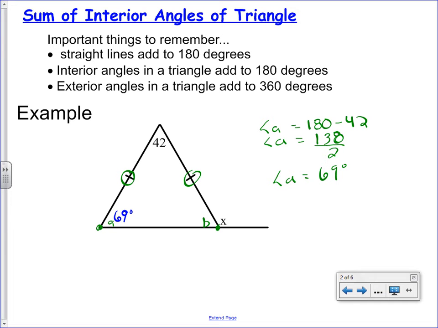Because I used my ASTT, that's a triangle, using my triangle theorem. Now, I know angle B is also 69 degrees because of the isosceles triangle theorem.